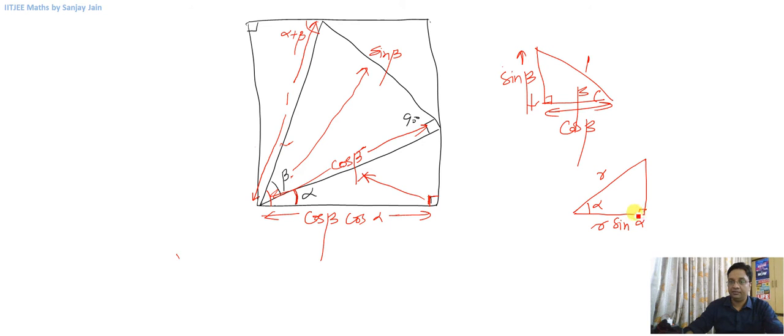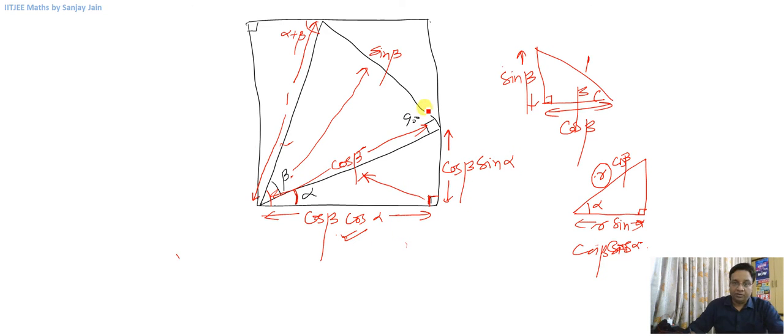Now replace this r by cos beta. So this expression will be cos beta sine alpha, and this side will be cos beta cos alpha. I have written it as cos beta cos alpha. And this other side will be cos beta sine alpha.